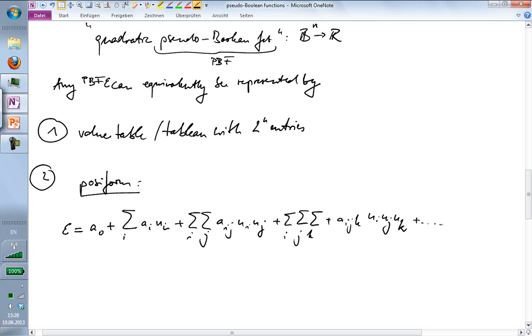and so on. This goes up to an n-fold nested summation.